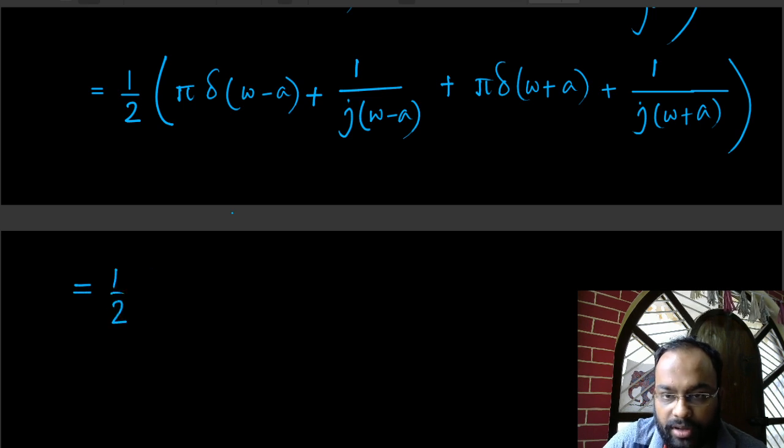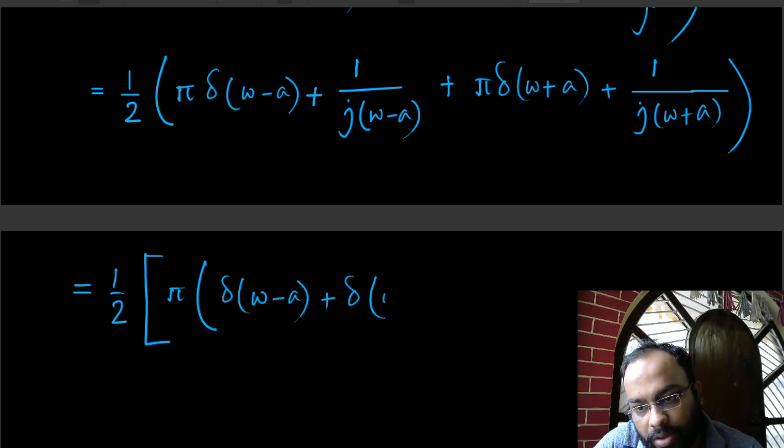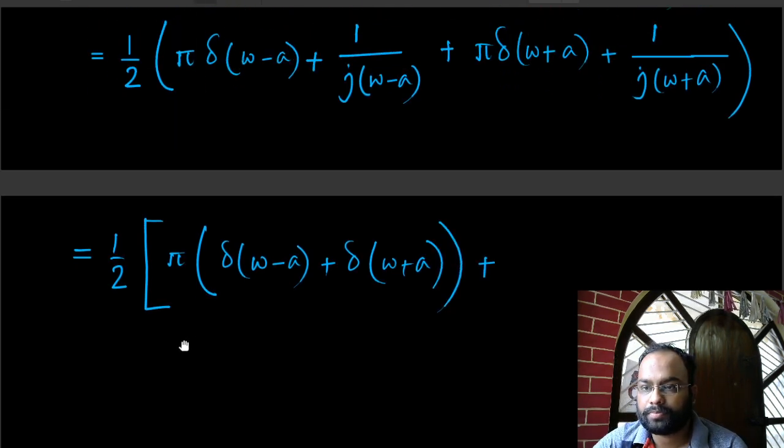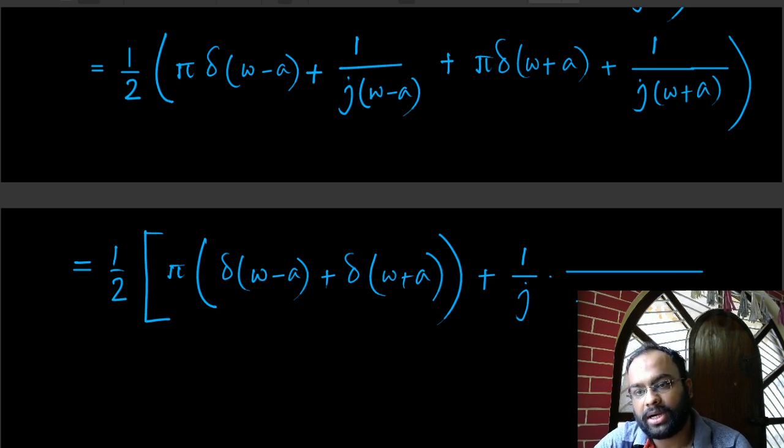So I have half, so I am bringing this and this together. So I have pi and delta omega minus a plus delta omega plus a, plus for this term and this term I have 1 by j into, so if I just have them added, I would have omega square minus a square, and on top I have 2 omega.